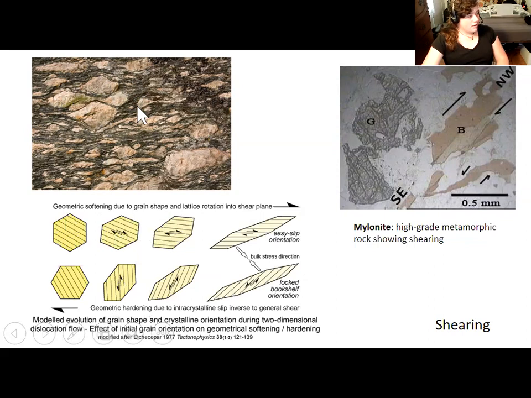This is an example of a metamorphic rock, a gneiss, that has porphyroblasts that have these little fish tails on them. And you can see that these fish tails come from the crystals being sort of partially remelted, but not enough that they completely become a liquid, just enough that they can sort of be stretched out. And when we look at metamorphic rocks on a microscope, we can make educated guesses about the direction of shearing.